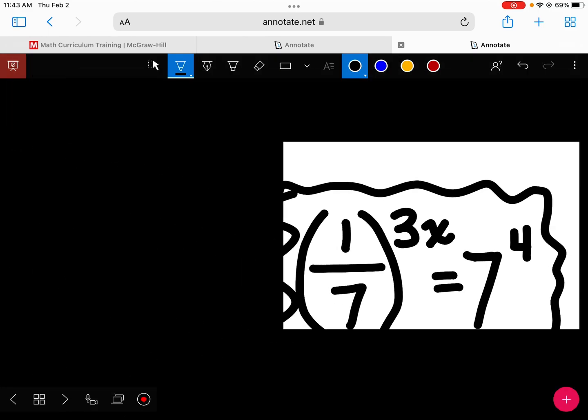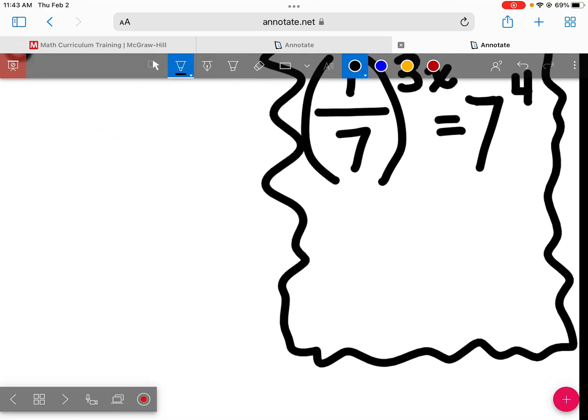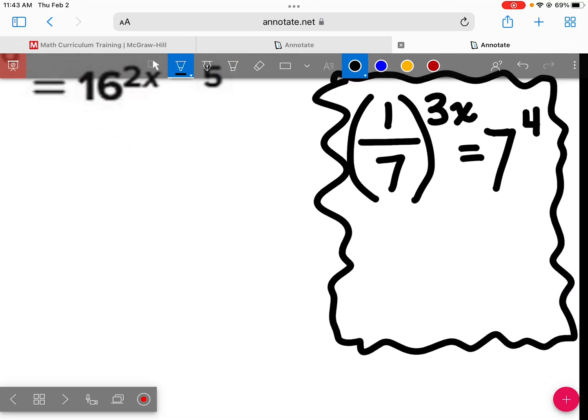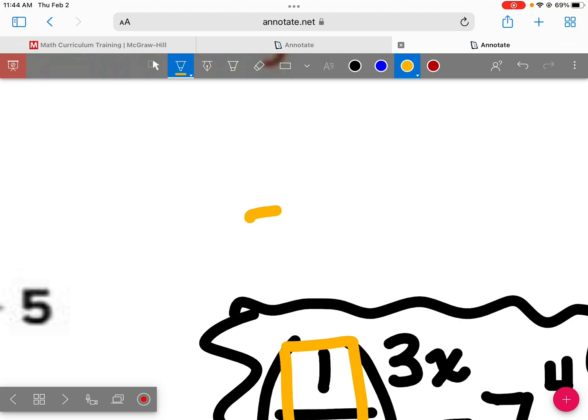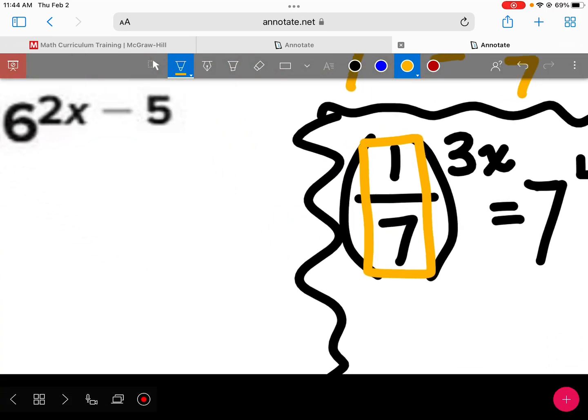Do those have the same base? No. Is there a way that I could maybe rewrite this fraction so that it would be the same base? 7 to what power gives me 1/7? Negative what? Negative 1.